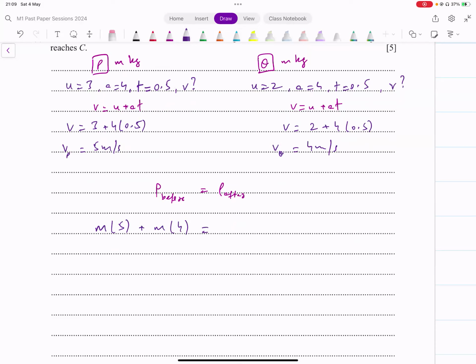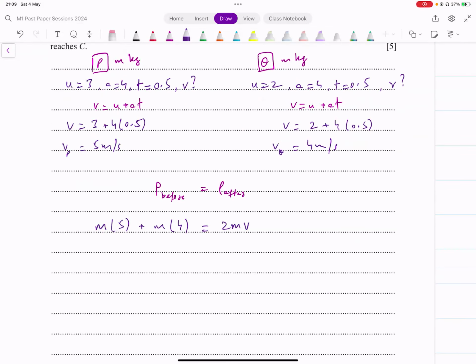What's the total mass? Total mass will be 2 times m into the velocity of that combined particle. Let's call that v. m and m get cancelled, and we have 9 equals 2v. V turns out to be 4.5 meters per second. This is the velocity of combined particle.